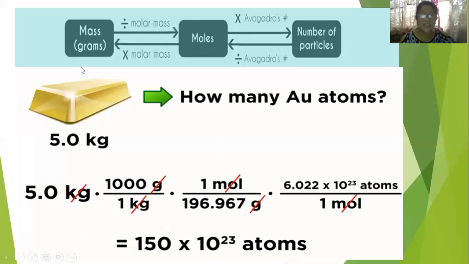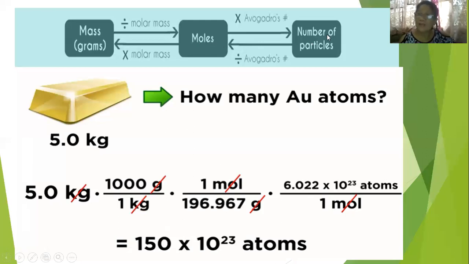As I have said, if you're going to convert grams to mole, you should reverse your molar mass. That will be in 1 mole of gold, that is over 196.967 grams of gold. So cancel the grams. What remains is the mole, but this is not yet our answer because we need to have it in atoms.